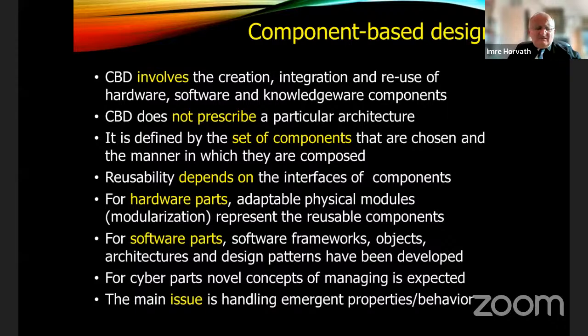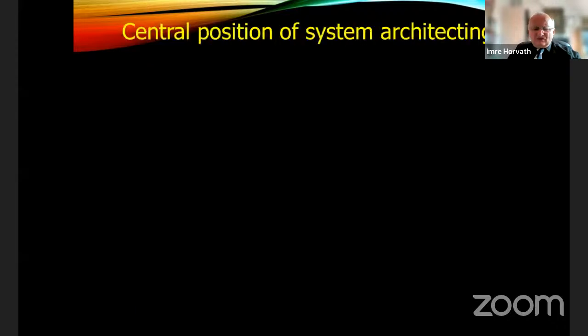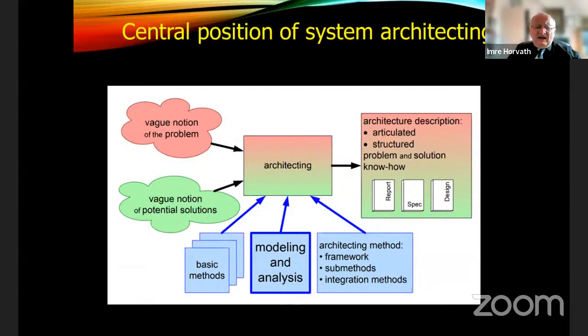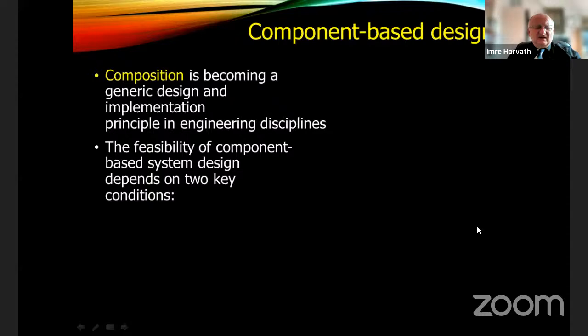In general, a main issue is handling emergent properties and behavior. Architecting plays an important central role in the system formation, and these are the aspects, some soft and some harder, to be taken into consideration.